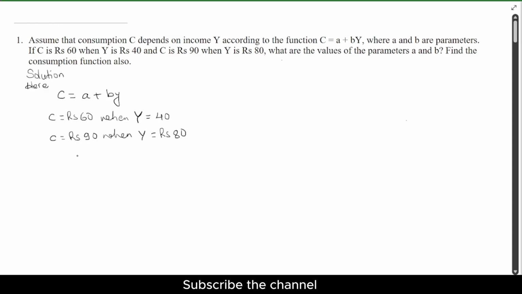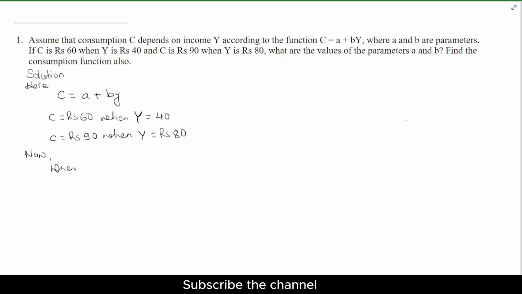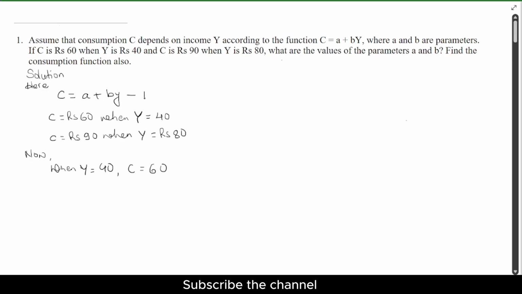Okay. Now, what you need to do is, when Y equals 40 and C equals 60, we'll substitute these values in equation 1.